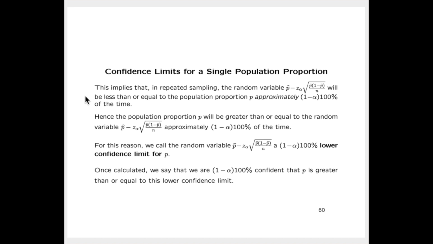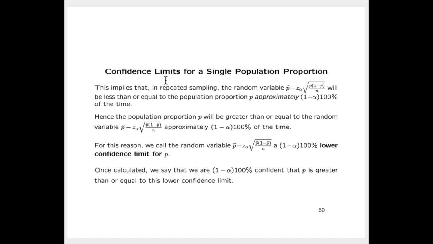That probability implies that in repeated sampling, the random variable given by p hat minus z sub alpha times the square root of p hat times 1 minus p hat over n will be less than or equal to the population proportion p approximately 1 minus alpha times 100% of the time.